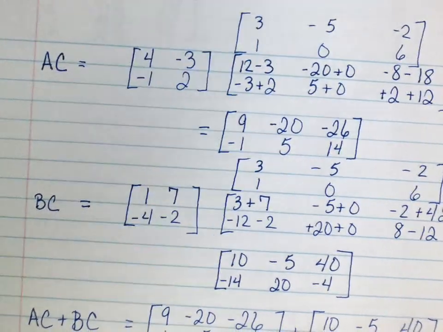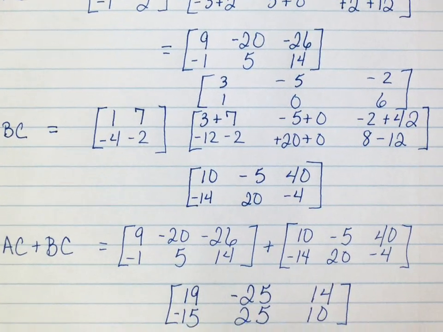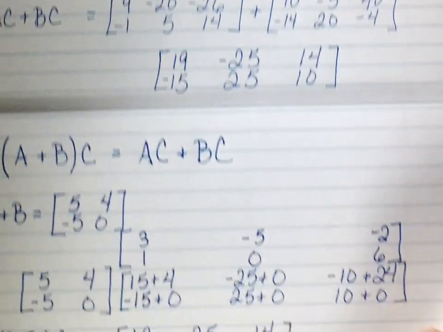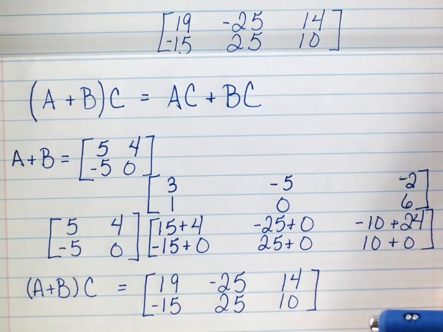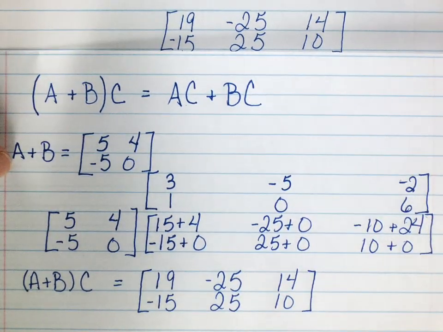A times C, B times C. If I add them together, I get this, which was the exact same as what we just found. So the distribution property does indeed hold for matrices.